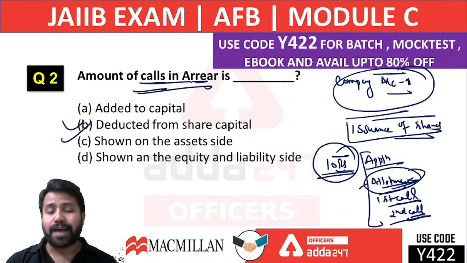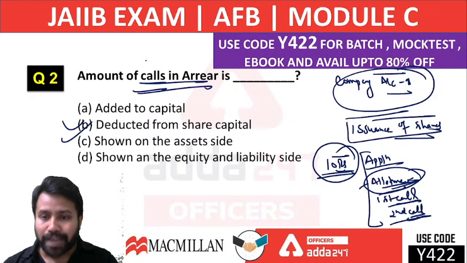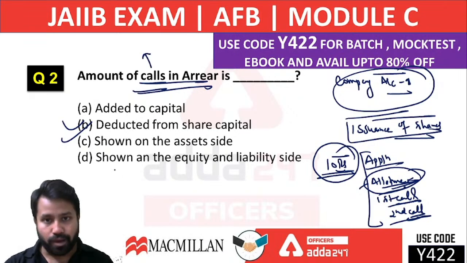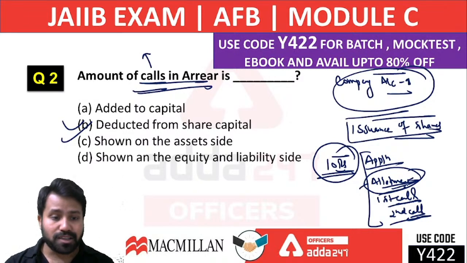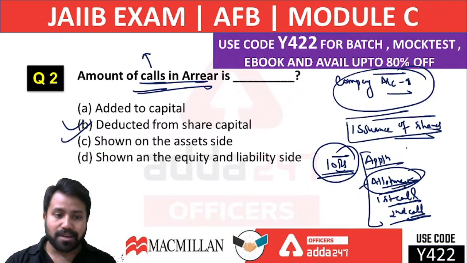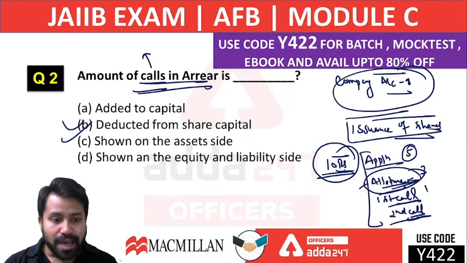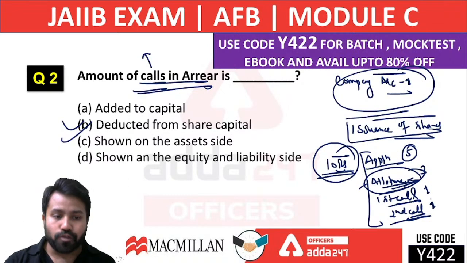And the very important thing, whenever we talk about the call scenario, is this. Suppose the company is demanding, out of 10 rupees, 5 rupees in the application stage, 3 rupees in the allotment stage, 1 rupee on the first call, and 1 rupee on the second call.